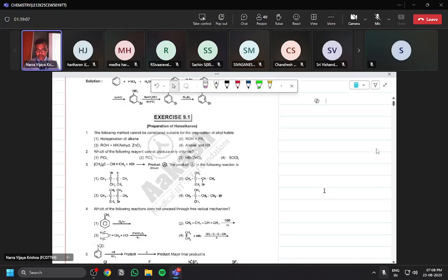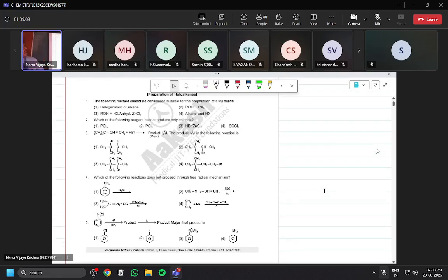Now see, sir. See this first question. Following method cannot be considered suitable for preparation of alkyl halides. In which case you will not get alkyl halides. What is this one? Alcohols with PX3. Alcohols with PCl3 or PCl5. You will get RX plus H3PO3.